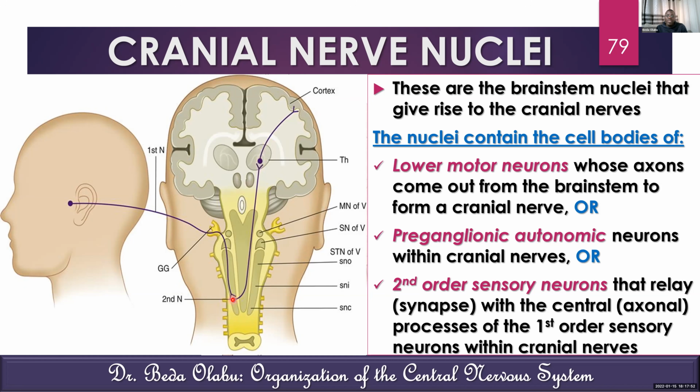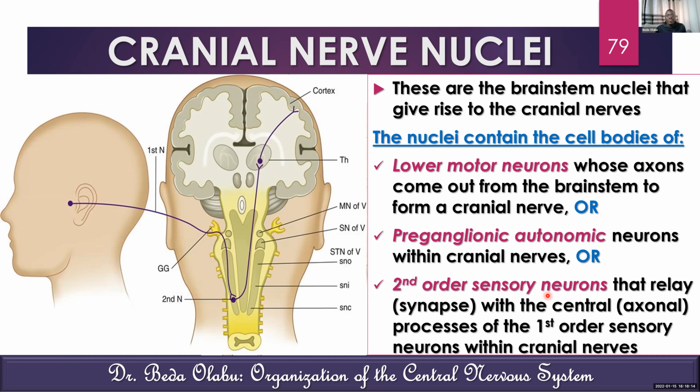All in all, a sensory nucleus will contain cell bodies of the second order sensory neurons. The only exception to that rule is the mesencephalic nucleus of the trigeminal. The mesencephalic nucleus of the trigeminal contains the cell bodies of the first order sensory neurons.